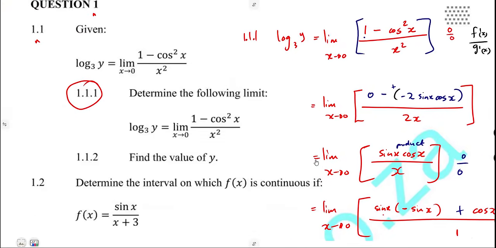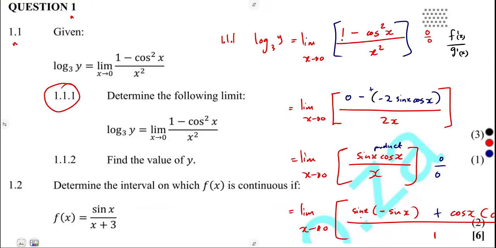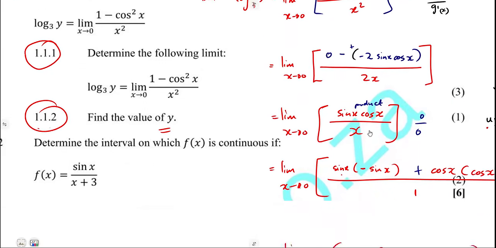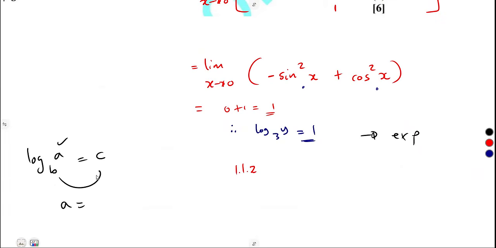Okay, then from what we just obtained, it is a continuation. Find the value of y on 1.1.2. So the value of y, you can simply take it from the logarithm that we are having. Remember, you can convert this to exponential form, where log base a of b is equal to c, it follows that b is equal to a to the exponent c.